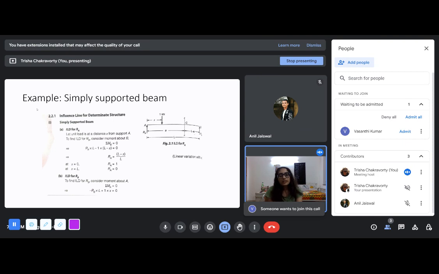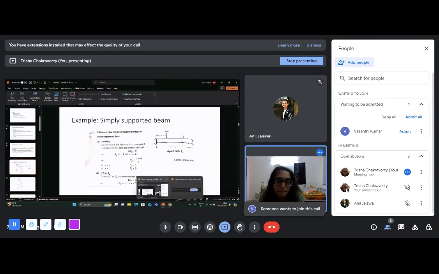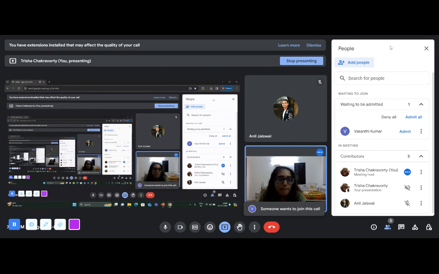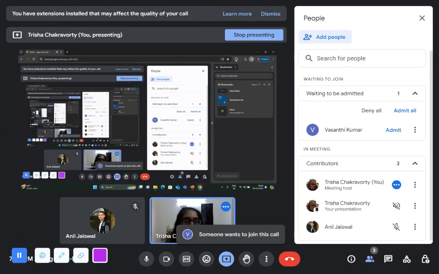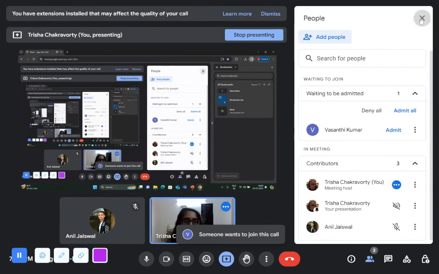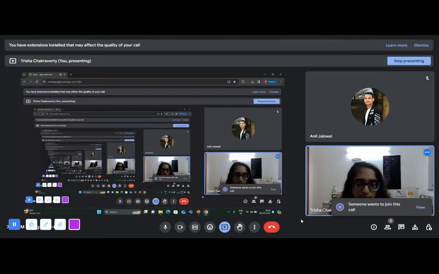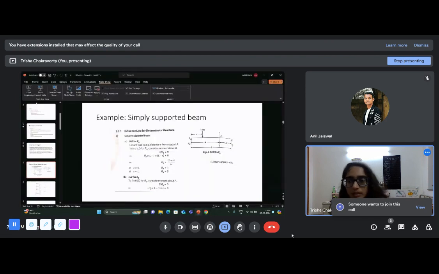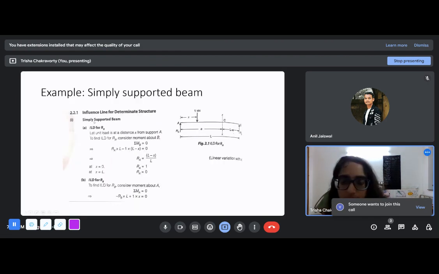First, we look at how to draw the influence line diagram of a simply supported beam. Here, the simply supported beam has two hinge or roller supports at A and B, and we are looking for the ILD for the reaction RA.